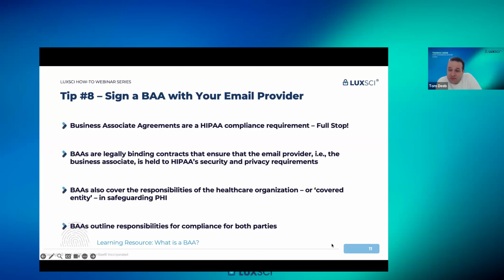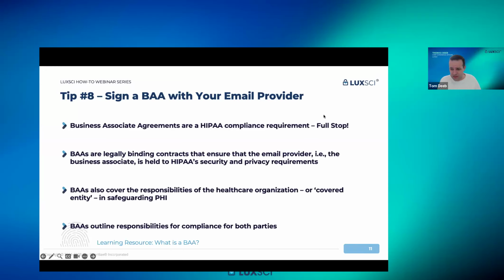Certainly. So one of the most important legal pieces when you're engaging with vendors is your BAA, or your business associate agreement. When you think about all of your different vendors that may have access to PHI, it's very, very important that you understand that a BAA is an absolute requirement for a HIPAA compliant solution.